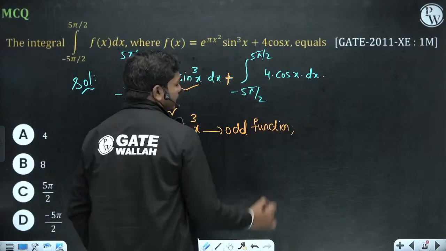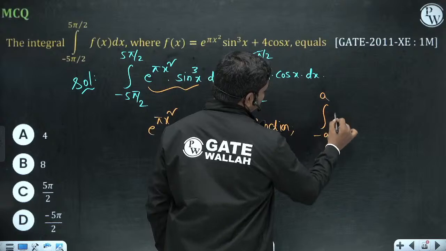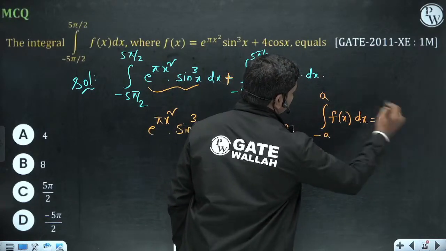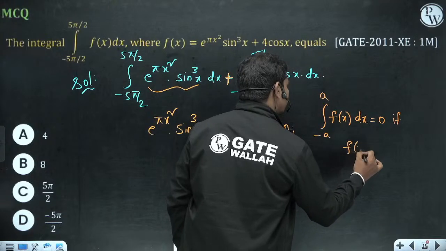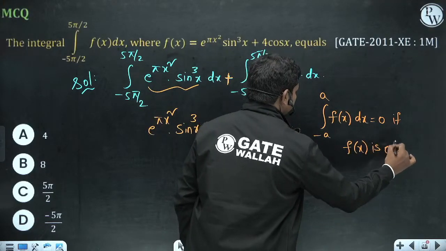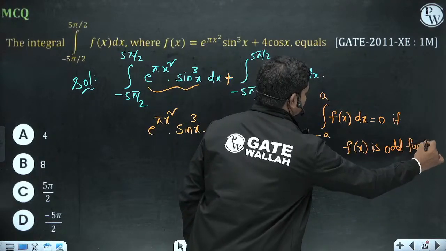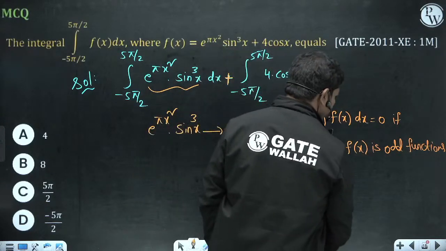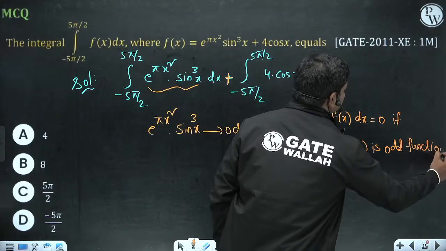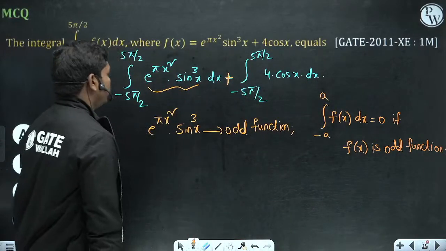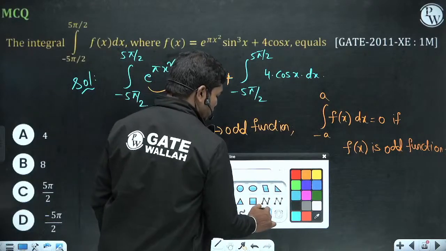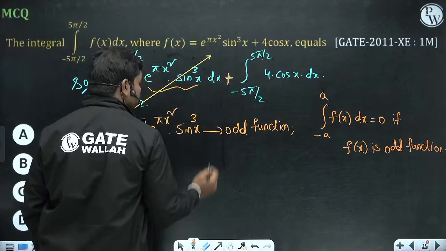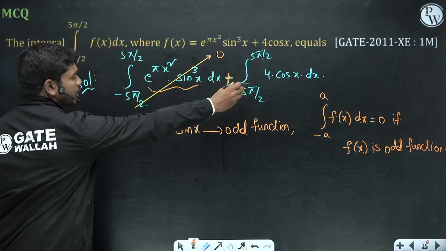So we know that the integral from minus a to a of f(x) dx is equal to 0 if f(x) is an odd function. Therefore this value is 0. Calculating this is very simple.